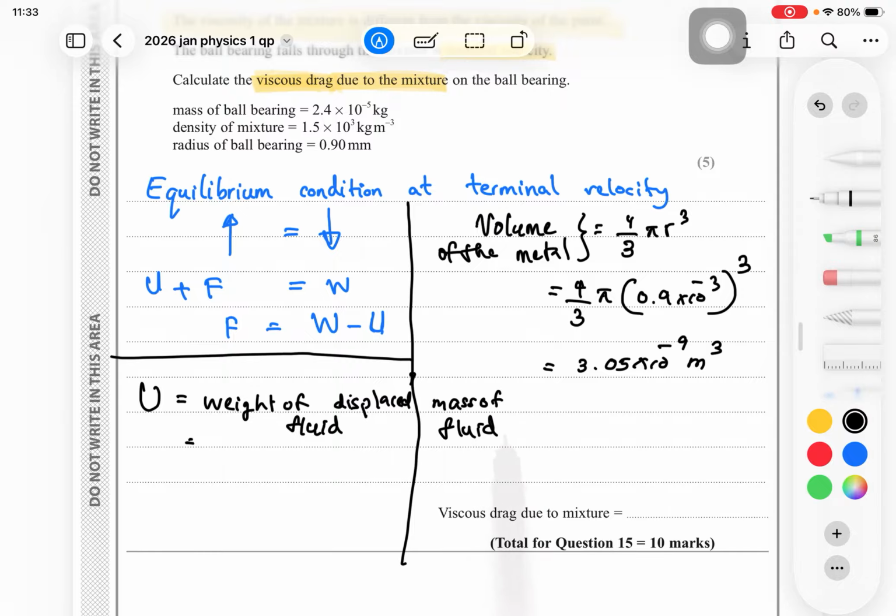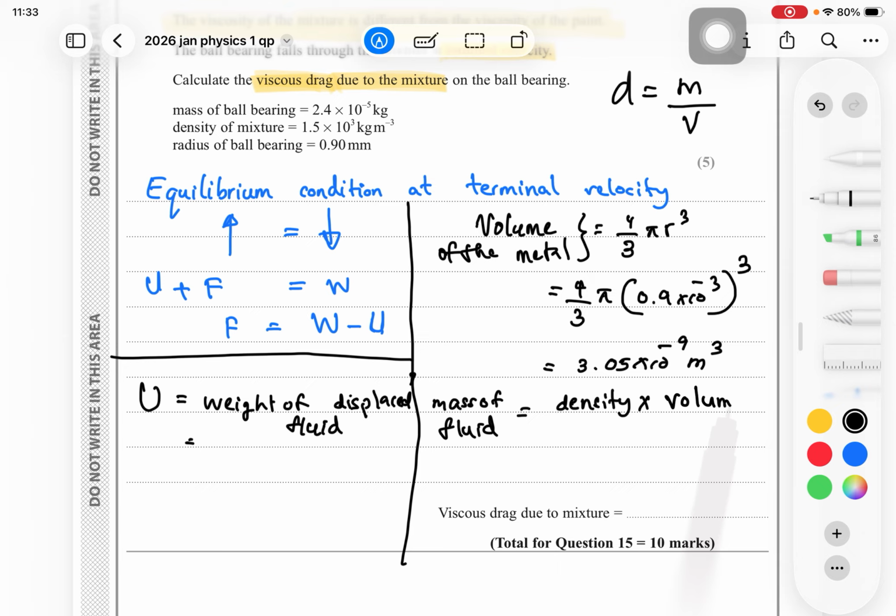So we know as an equation, density equals mass divided by volume. So the mass will be density times volume.